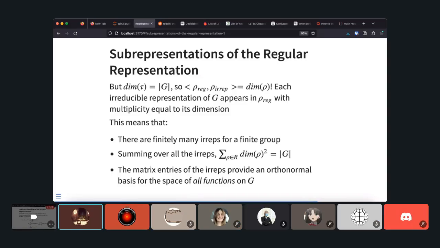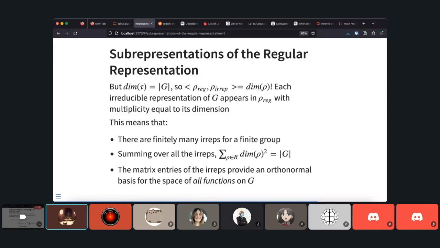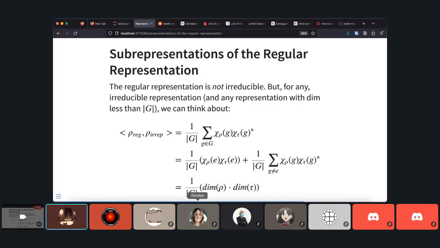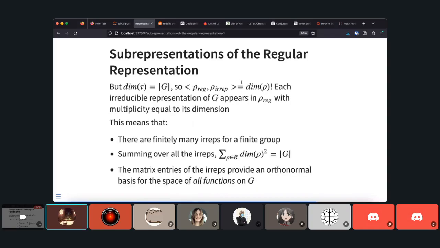So every irreducible representation, and oh god, I should have gotten this right. So this is 1 over the order of G times the dim of the regular representation times the dim of whatever irrep you've got. But the dimension of the regular representation is the order of G. And so the inner product of the regular representation and the irrep is just the dimension of the irrep.